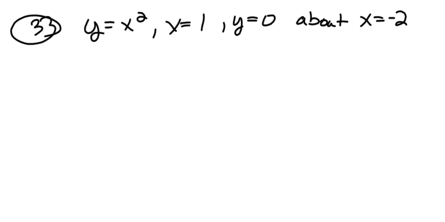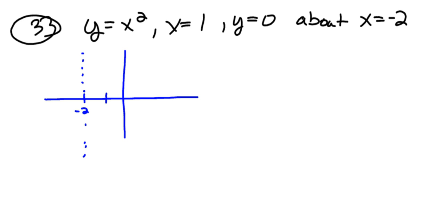In this case, we're going to have an x equals, so it's going to be where x is -2. This is our axis of rotation here. And then it says if we follow through this region that it's all bounded by, it's basically this region, and we're bounded, and we're going to rotate around that other axis.